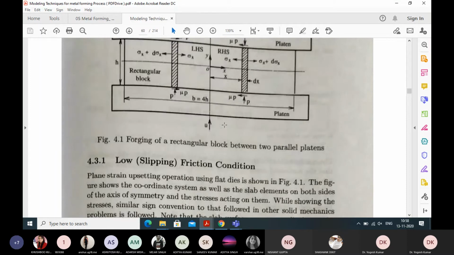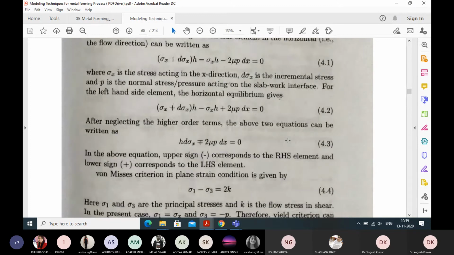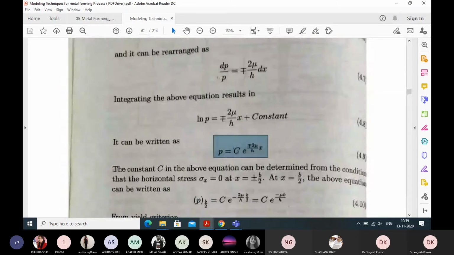Sigma x will be maximum at the center line, and as soon as we move away, sigma x will be 0 at x equal to b/2, that is the extreme right point or extreme left point. So sigma x will be equal to 0 at x equal to minus b/2 or plus b/2, which is mentioned here also.